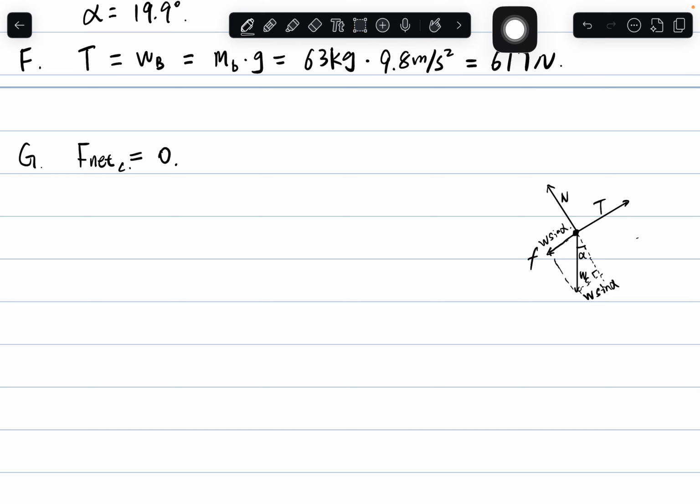So it is the friction plus this force right here.